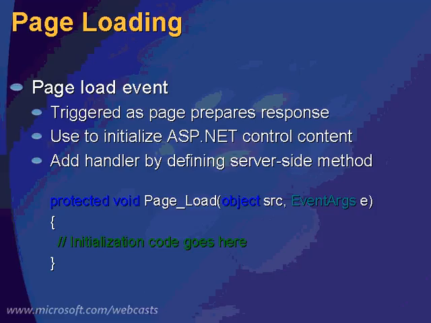This is the sequence in which these events get triggered. Each of these events can be handled by authoring a method that's named Page underscore the event itself, for example, Page_PreInit. You can add some code in there to do something before the request even gets initialized, for example. That's a lot more detail, but I'll be more than happy to discuss that with you later on.